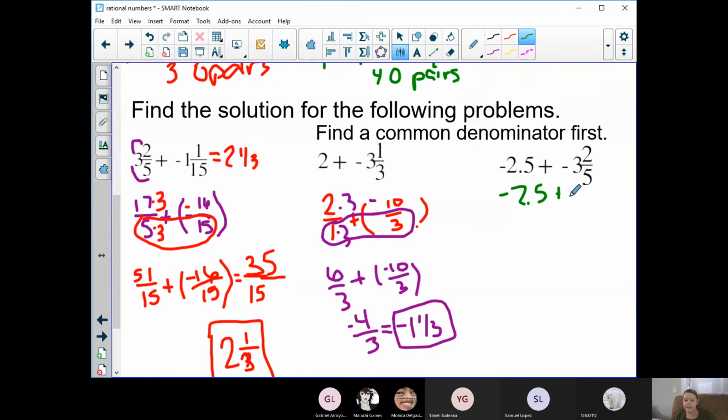What is negative 3 2/5 as a decimal? What would that be?